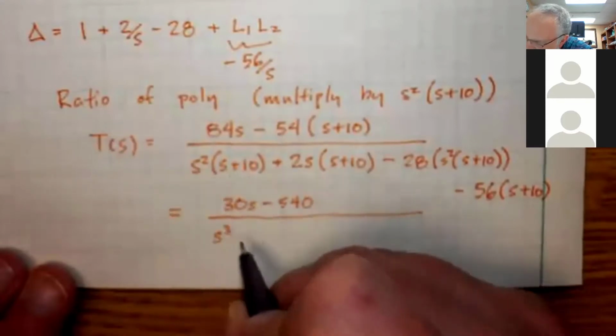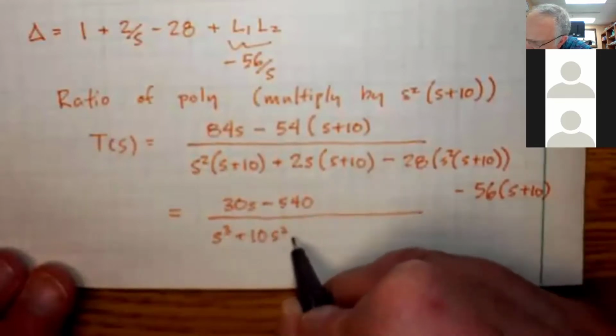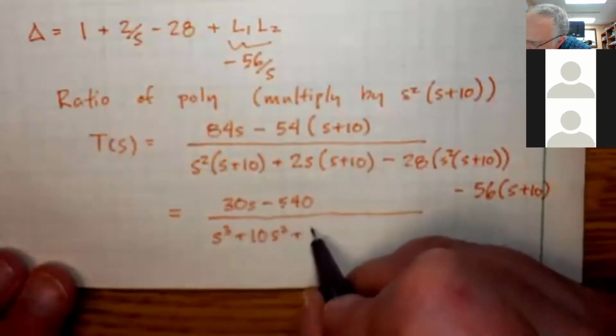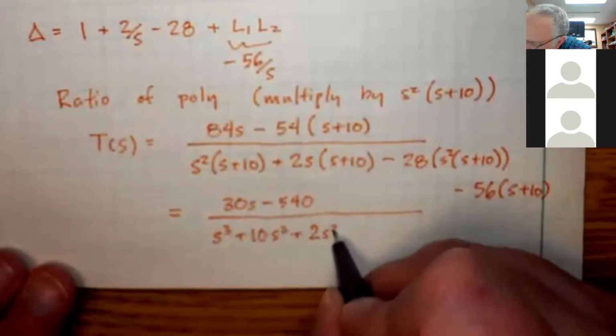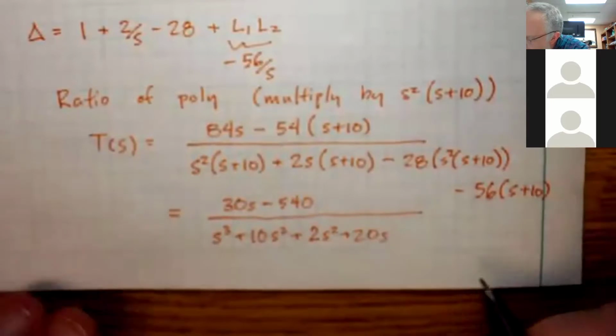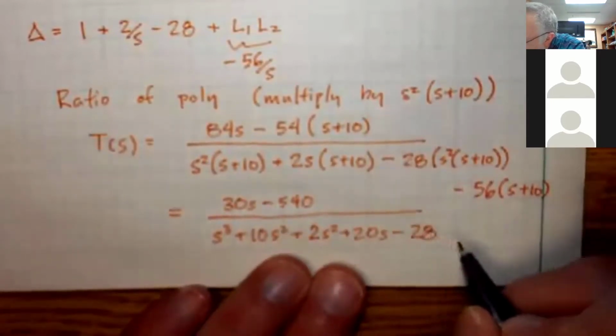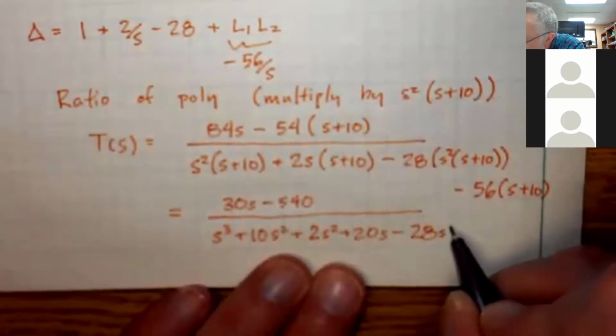S cubed plus 10S squared plus 2S squared plus 20S minus 28S cubed, right?